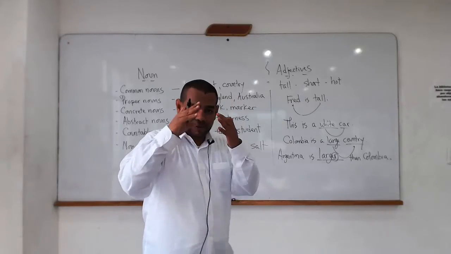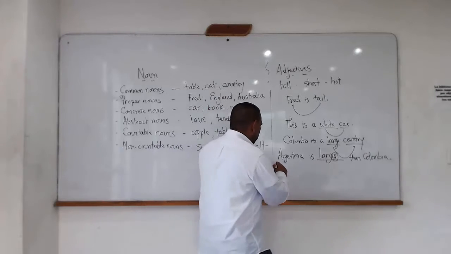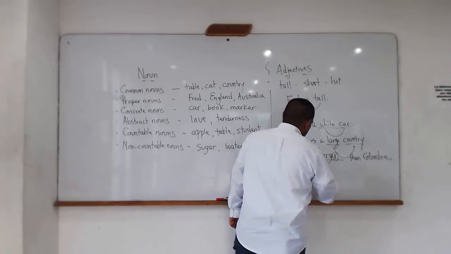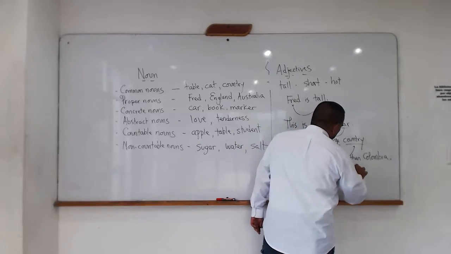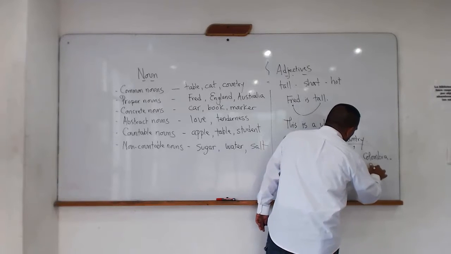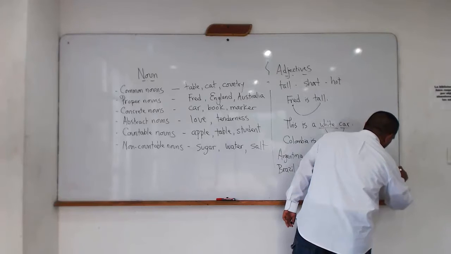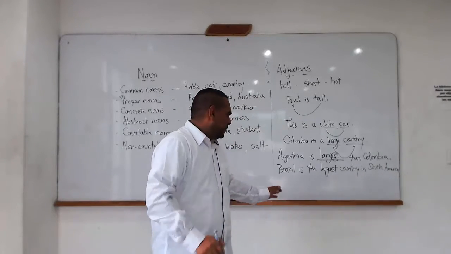Okay, and that is the other structure starting from which sentences can have adjectives. We say, for example, Brazil is the largest country in South America.